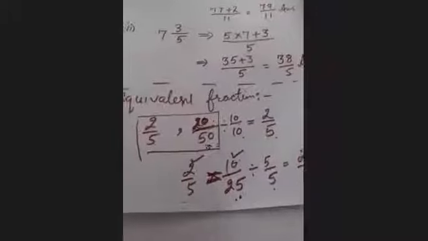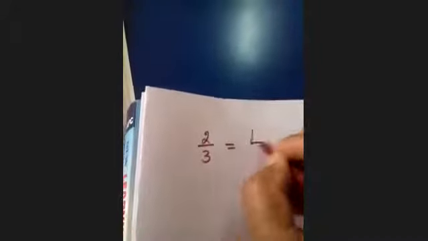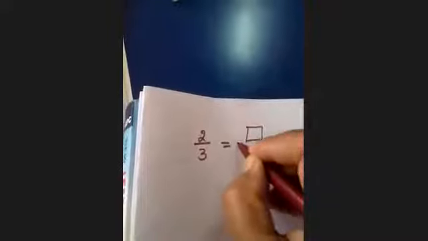Clear, students? Now we discuss a few questions on equivalent fractions. Now replace the blank with an equivalent fraction. Our first number is 2 upon 3 is equal to blank upon 15.